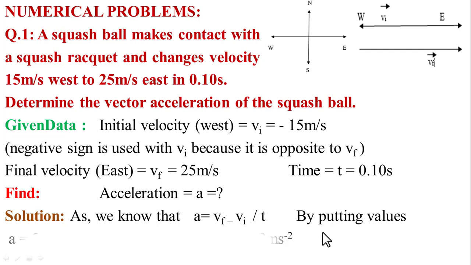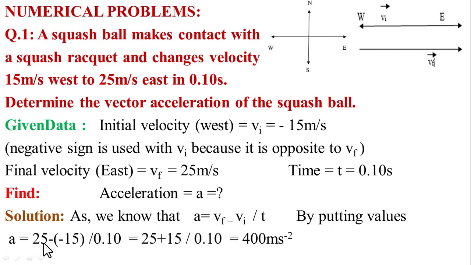Putting the values, then a is equal to 25 minus into minus 15. Here minus multiplied by minus will be positive, divided by 0.10. So 25 plus 15 divided by 0.10.